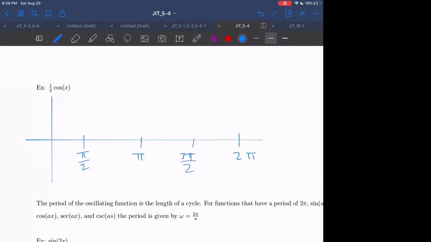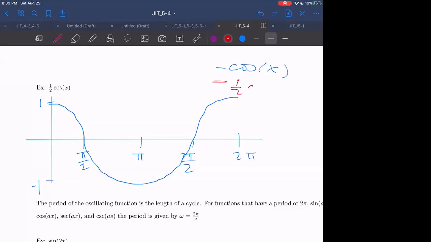Anytime you're graphing one of these trig functions, it's generally standard to graph it from 0 to 2 pi, unless you're told otherwise. So my normal cosine graph looks like that. Blue is cosine of x, and I'm gonna graph in red a half cosine of x.